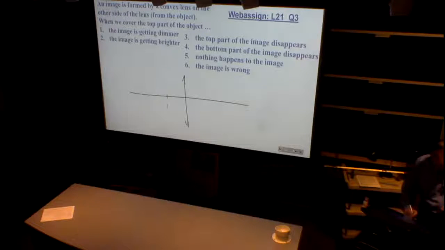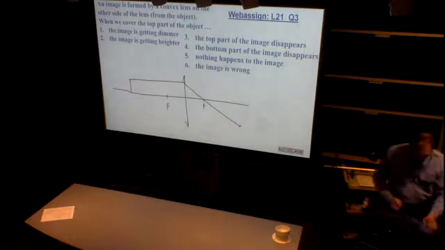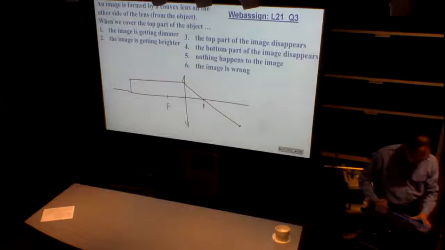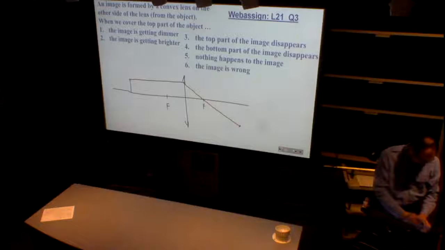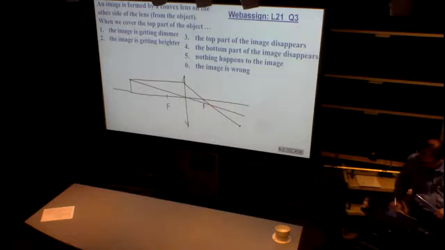And we have a focal distance, and let's say we have first an object placed far away. So what do we do? First ray, through the focal distance. That's going to be an image.